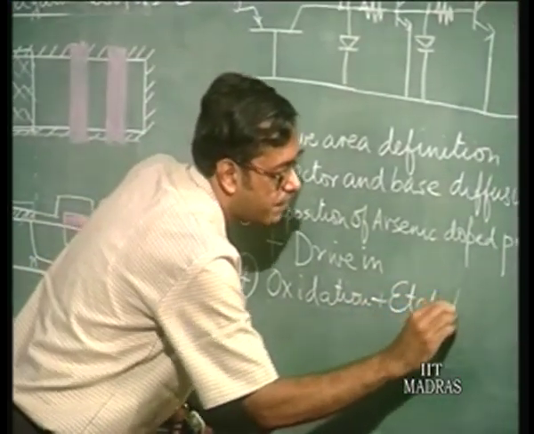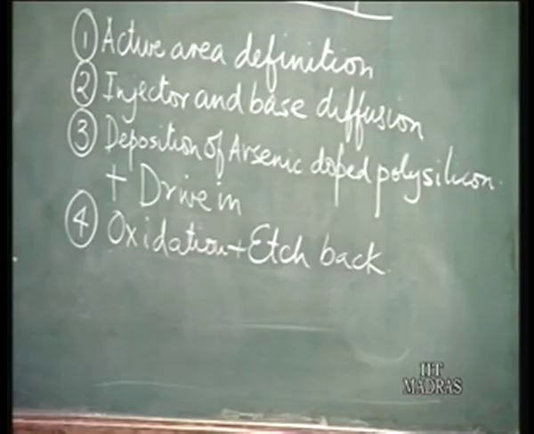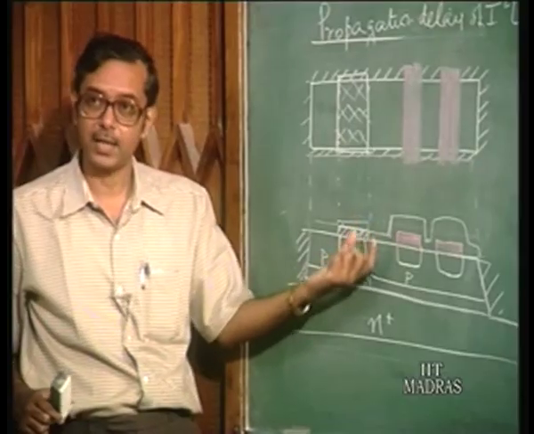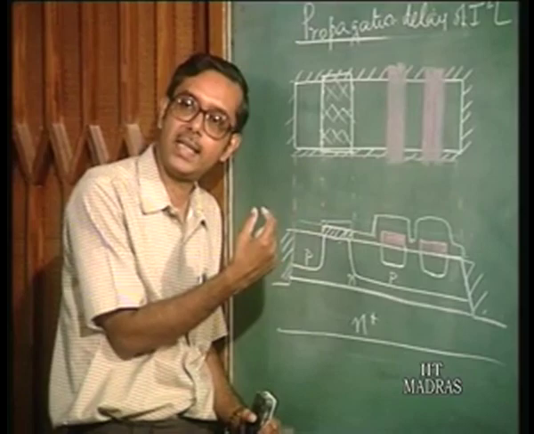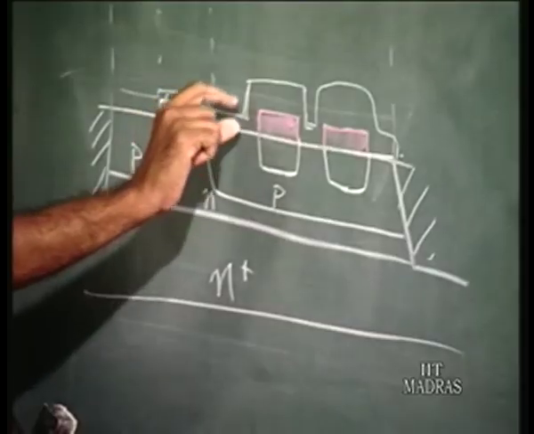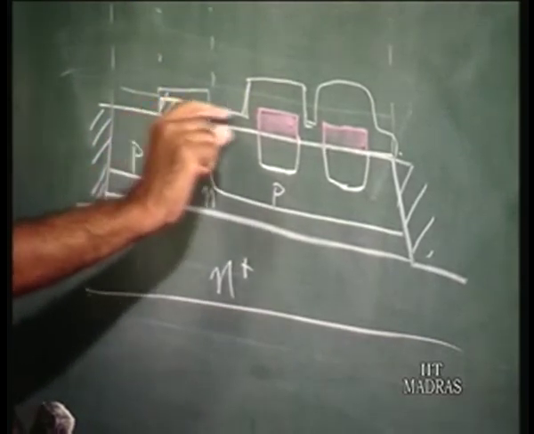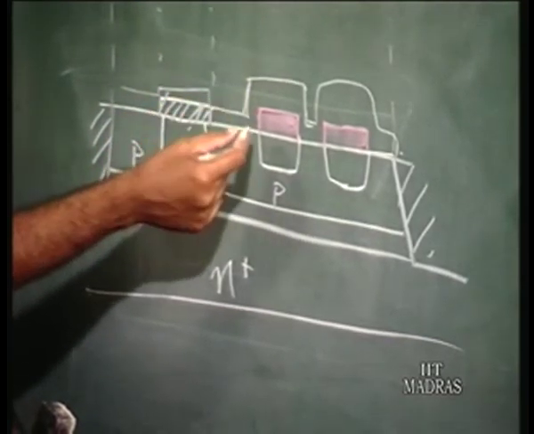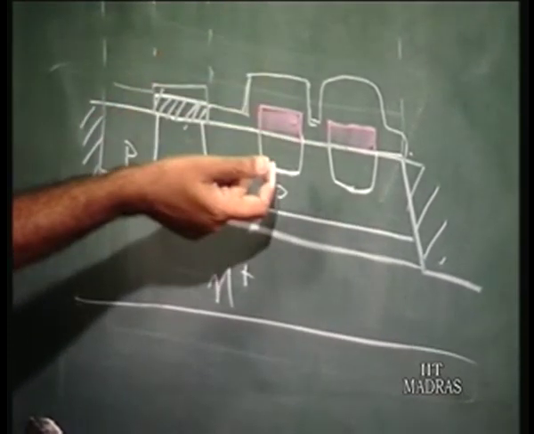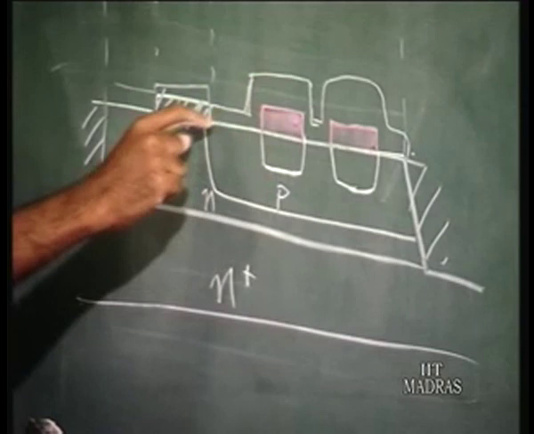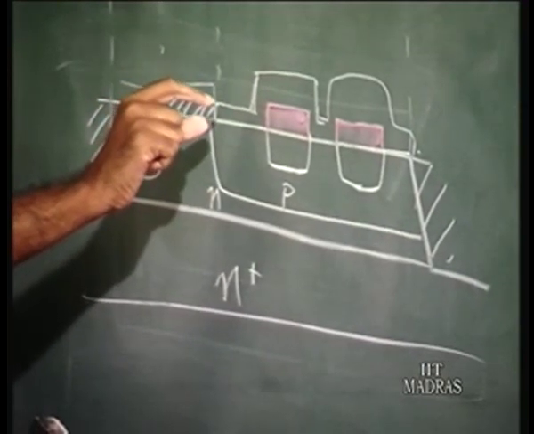Then what is the advantage of this? You are doing oxidation and then etching back a part of that oxide, and you control the amount which you etch back. Since the oxide thickness on polysilicon is more than on the other regions, once you etch back you will be left with some oxide covering the polysilicon, whereas in the other regions you have removed the extra oxide. Is it clear?